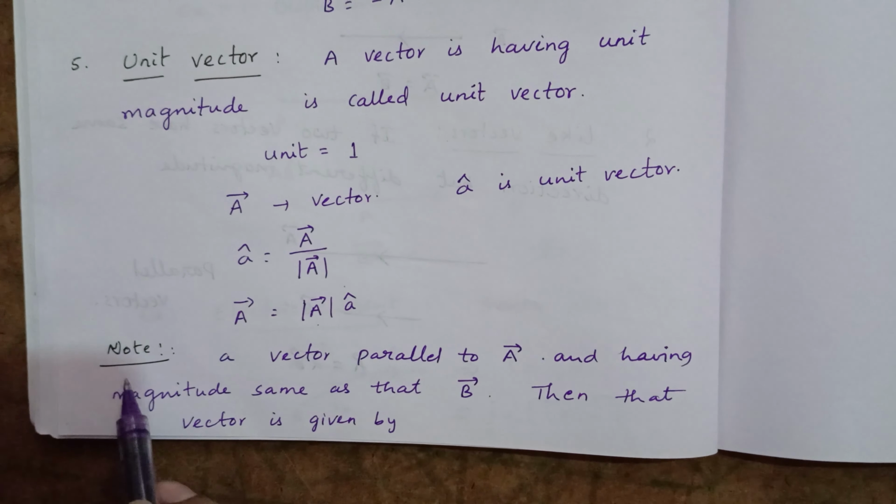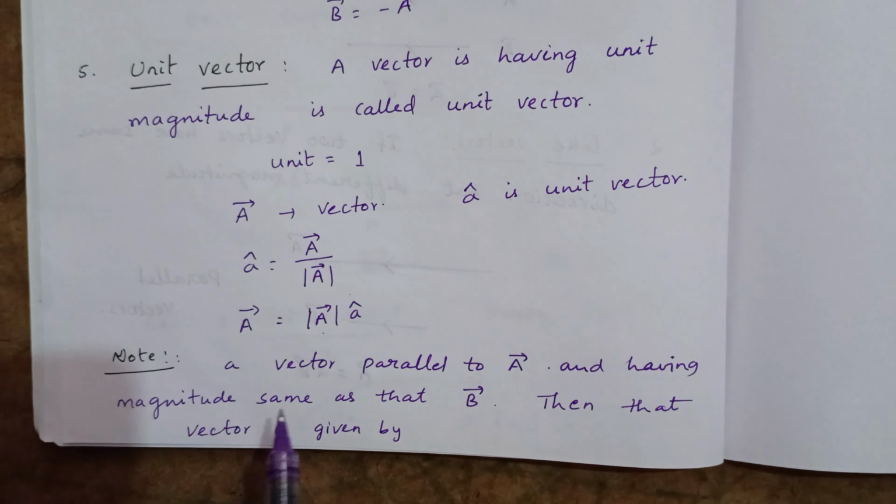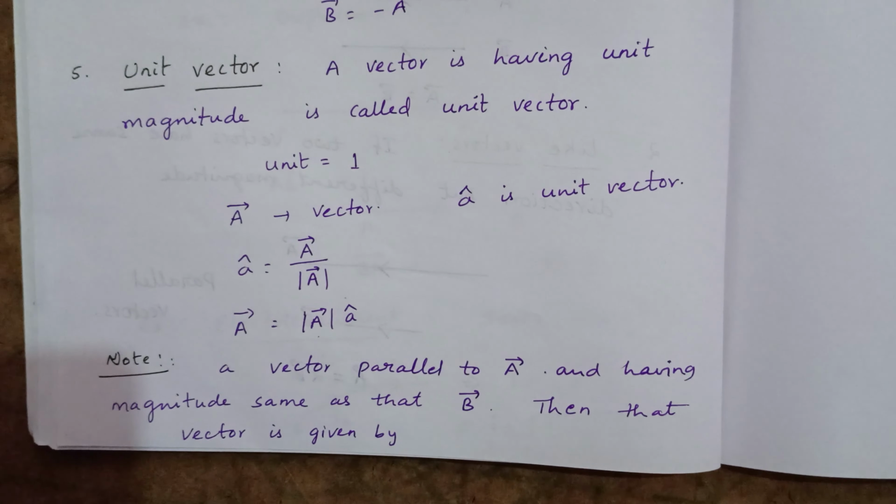Now see here one note. We have two vectors A bar and B bar.